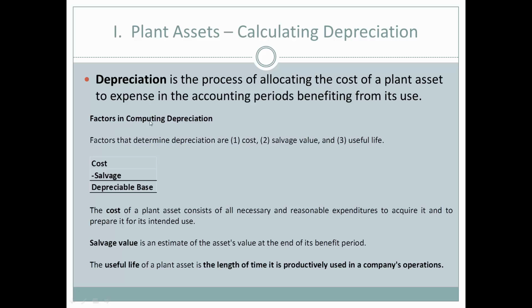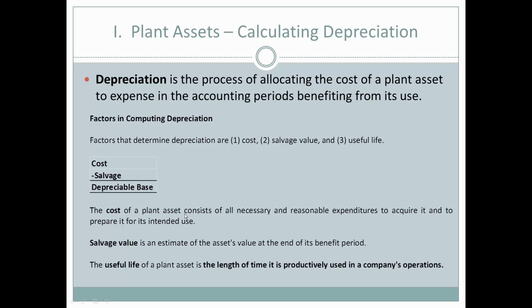Let's look at the factors in computing depreciation. There are several factors. First of all is the cost of the asset, which is objective. We were able to determine through records and canceled checks, etc., what precisely we paid for an asset. Next, we would take into consideration salvage value, and third, the useful life.